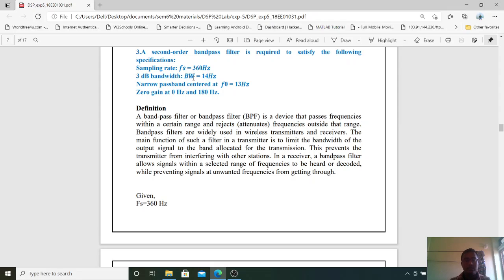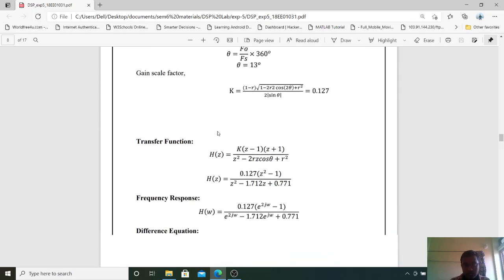The 3 dB bandwidth means that at the 3 dB frequency, H of j omega will be H of j omega max by root 2, meaning power is halved and the frequency response magnitude is 1 by root 2 times the maximum value. So in band pass we allow only a given range of frequencies to pass through the filter, and all the other frequency components will be attenuated.